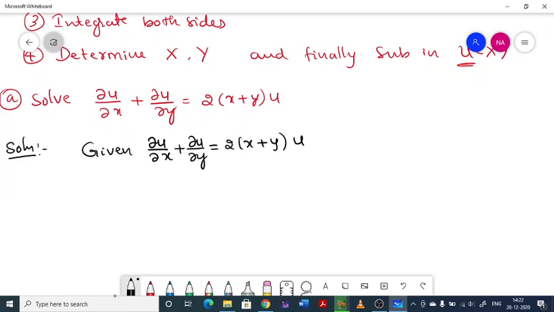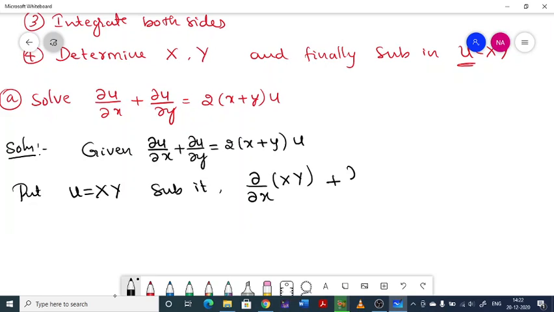Now put small u equal to capital X into capital Y, and substituting it, I'll get dou by dou x of capital XY plus dou by dou y of capital XY equal to 2 times of small x plus small y into capital XY.